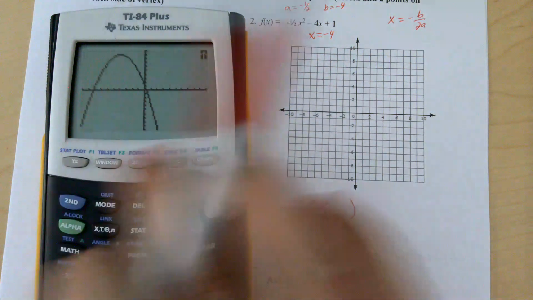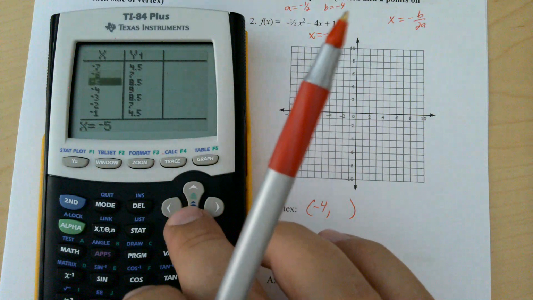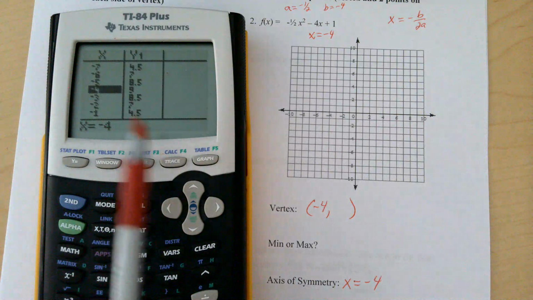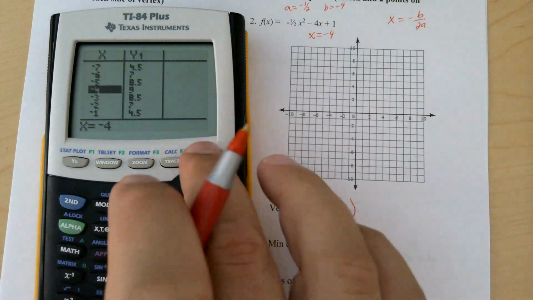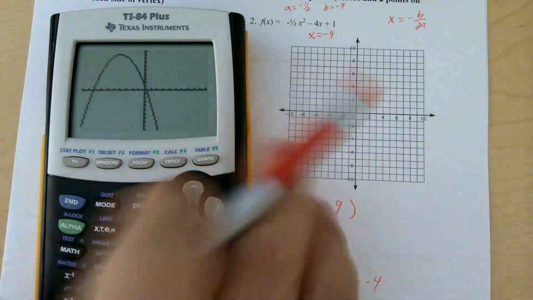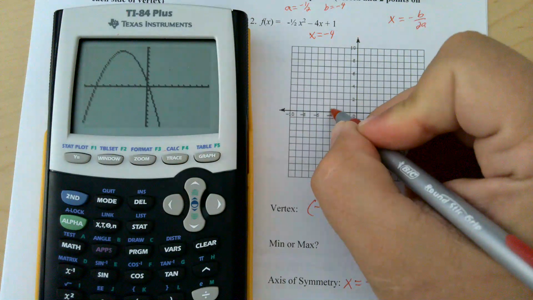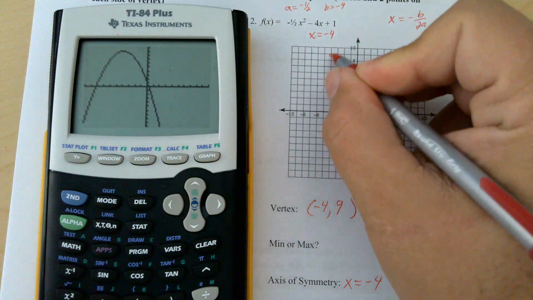I'm going to go to my table, and I'm going to position my table so I can see when x is negative 4, we're up at 9. Okay, and that point's going to be a maximum. So I'm going to plot 1, 2, 3, 4 up, 1, 2, 3, 4, 5, 6, 7, 8, 9.